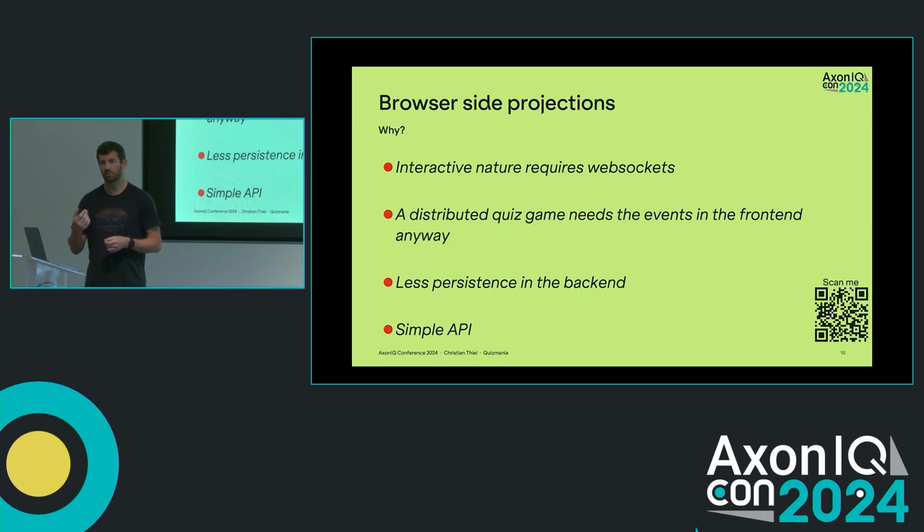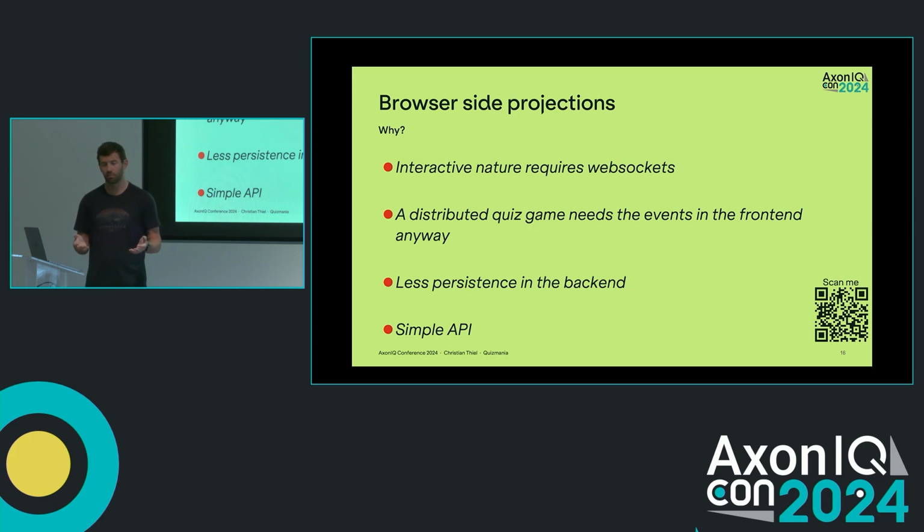And they also need to react to these events in the front end. So I thought to myself, I already need WebSockets for this communication, and I need the events in the front end, so why not skip building the read model I usually create in my backend in a Postgres database or something like this, and just transfer these events directly into the front end, and build my read model only in the front end and not in the back end.